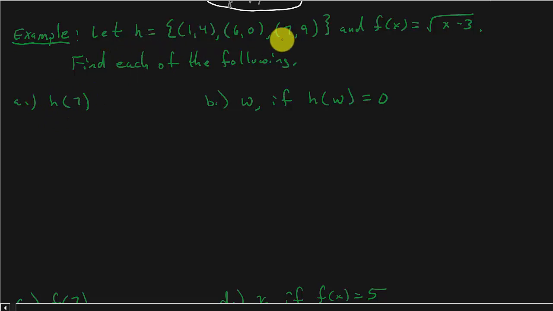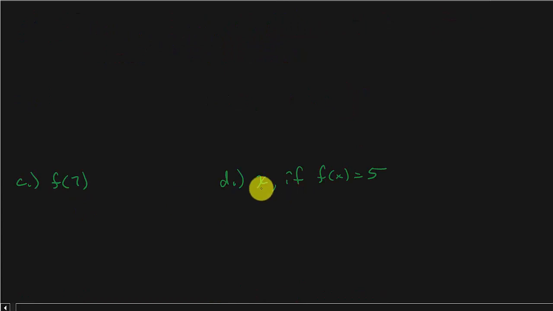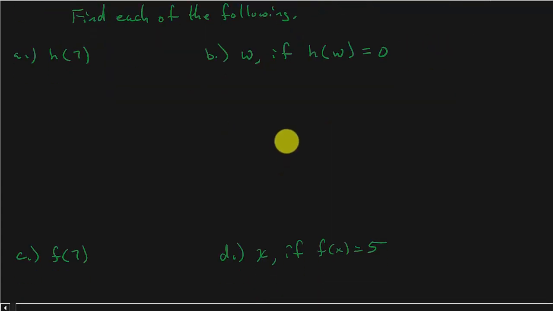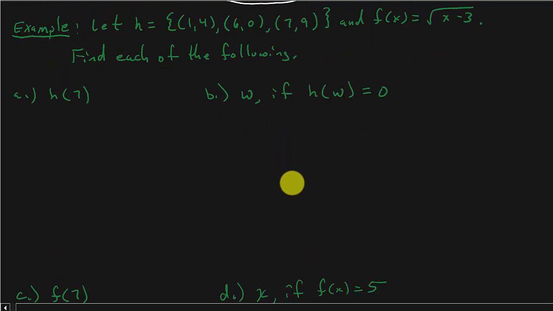All we're working with now is this function h, and then I've got two examples where we work with the other function, f of x. Right now we've got h of 7. That's what they want us to find.